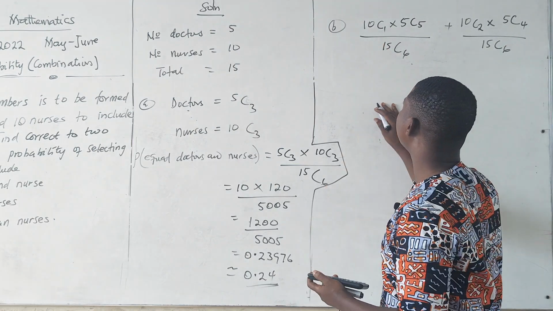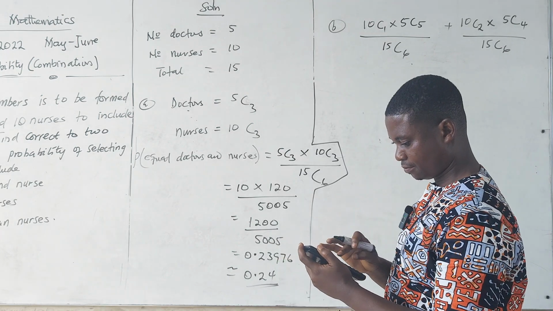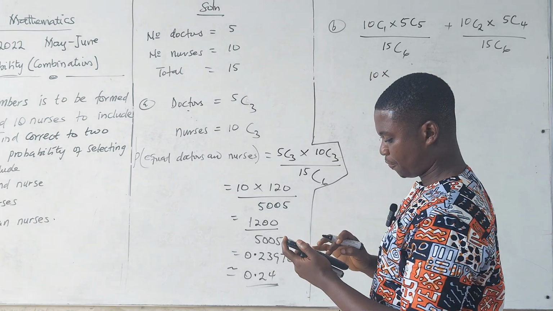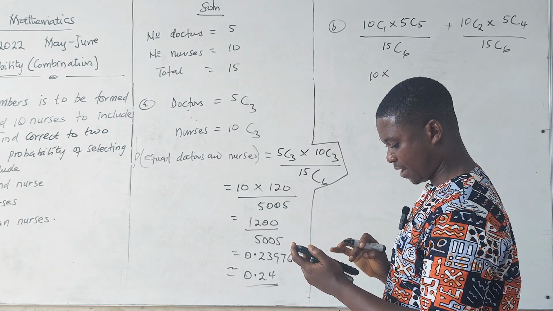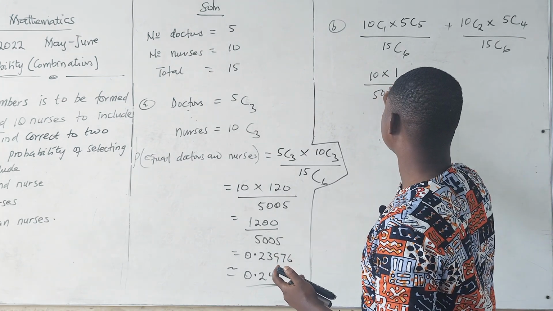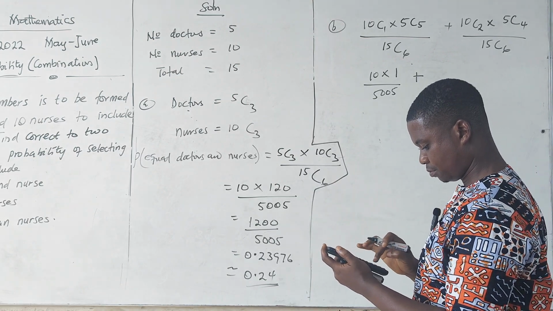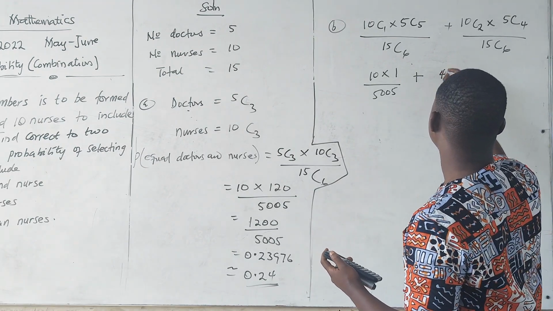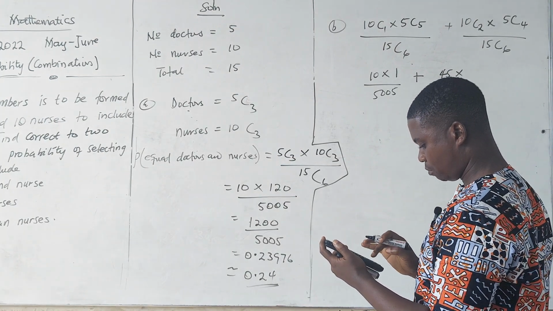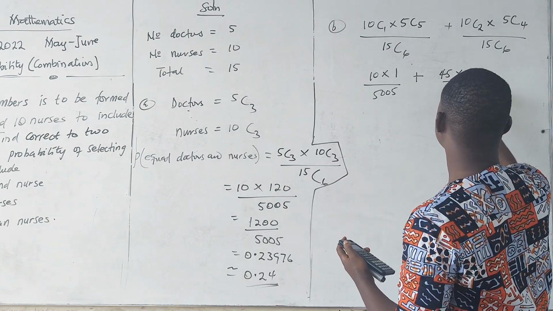Now we can solve for that. 10 combination 1 gives us 10, times 5 combination 5, which gives us 1, all over 15 combination 6, which is 5005, plus 10 combination 2, which gives us 45, times 5 combination 4, which is 5, all over 5005.